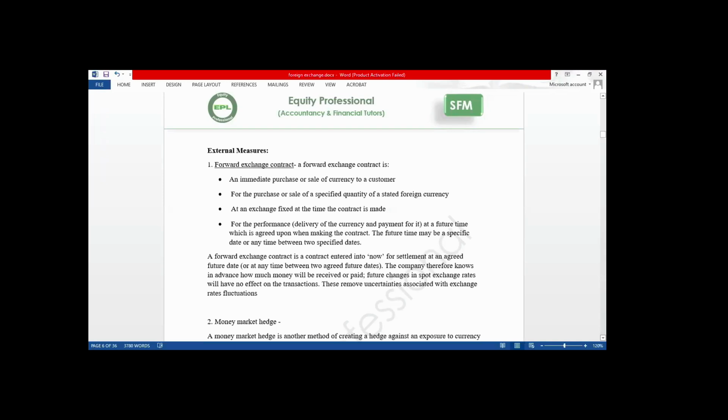For example, I want to make payment in dollars in 3 months' time. I can approach a bank to enter into a forward contract. That forward contract is going to give me a rate. The bank will give me a rate today for the payment to be made in 3 months' time.